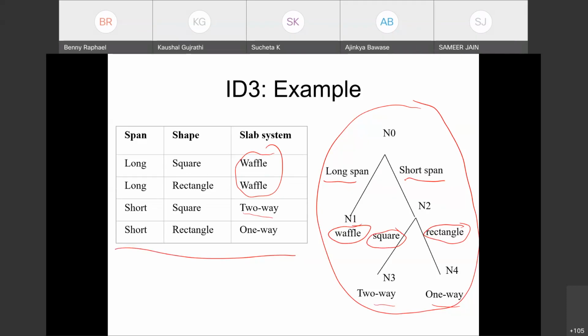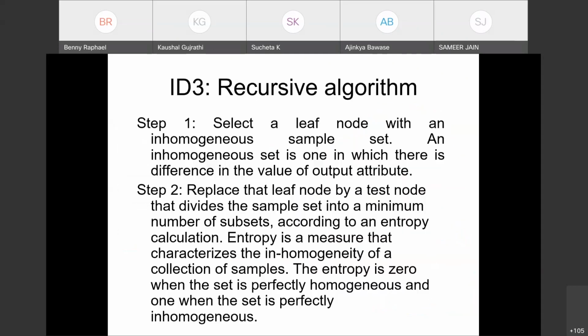So the idea is you find a variable which can be used to separate the data such that each data subset is homogeneous, containing the same value. Now the question is, how do you find out what is homogeneous? For that, we use what is called an entropy function.